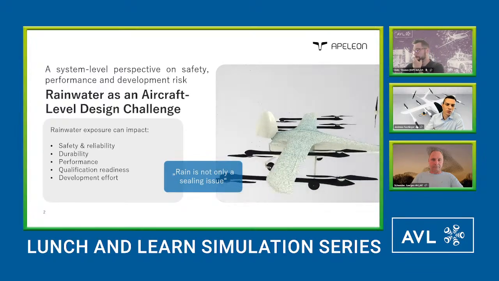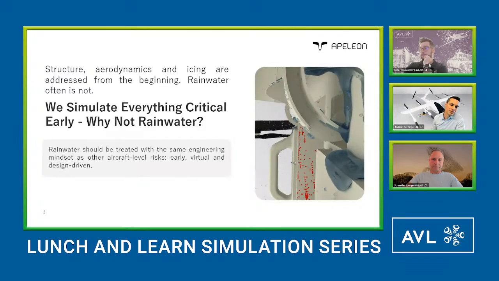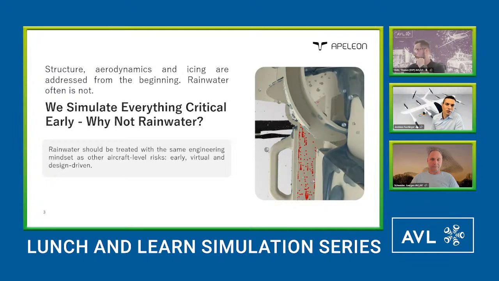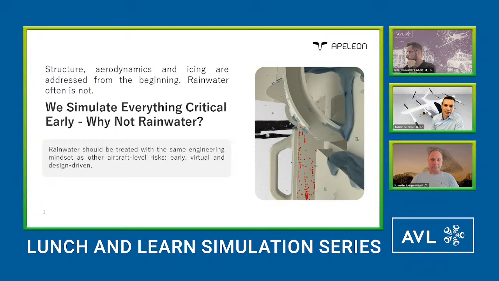What I would like to start with is actually that we are used in aviation to simulate a lot of topics up front, like we do FEM to understand the structural loads, strengths, and stiffness of the airframe.